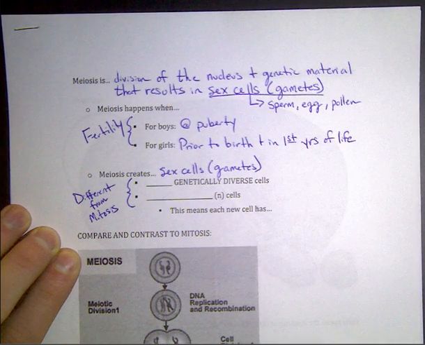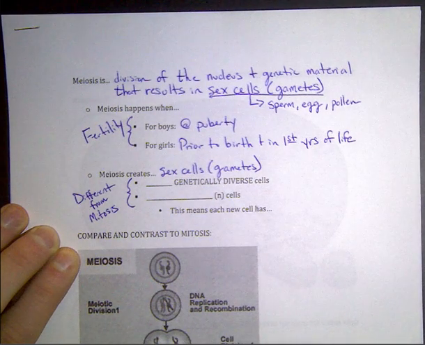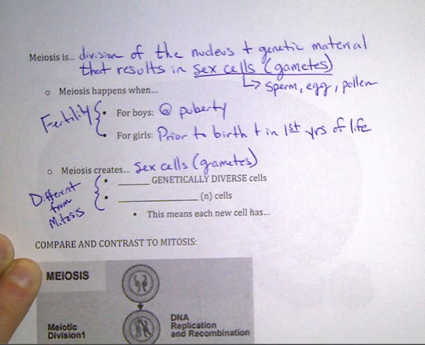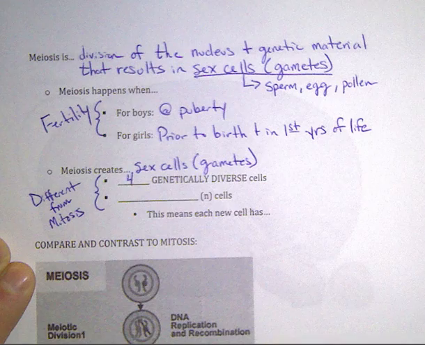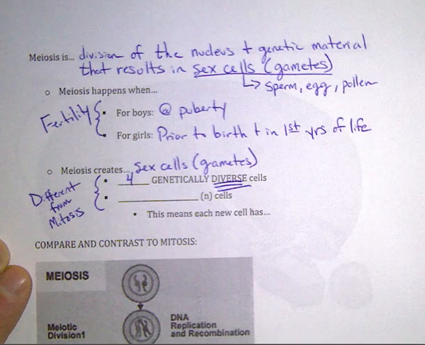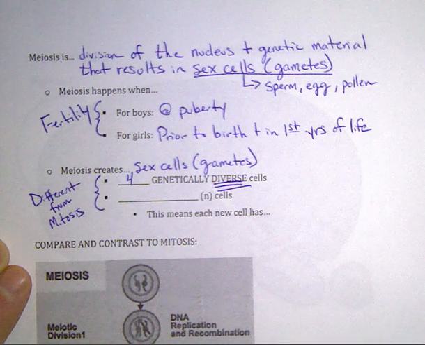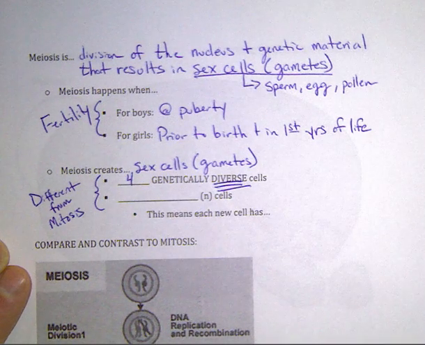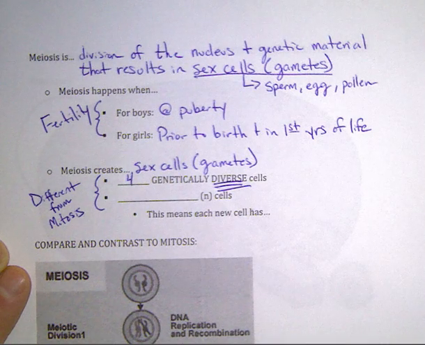One way that this process is different from mitosis is that it results in actually 4 cells, and these cells are genetically diverse from one another. Remember, in mitosis, we made 2 genetically identical cells. Here we're making 4 genetically diverse cells.